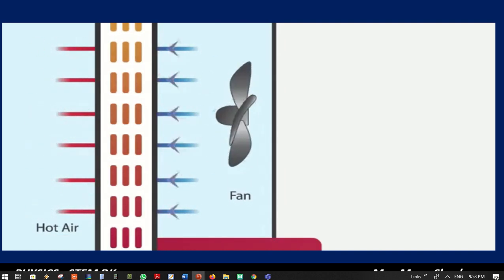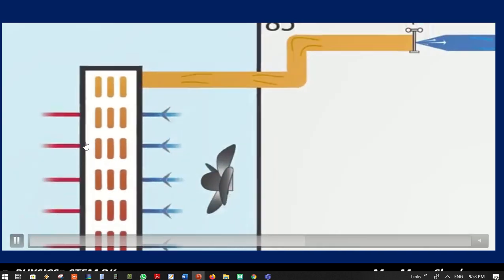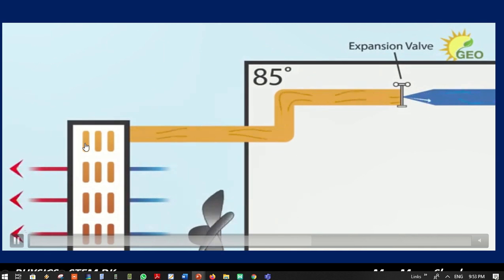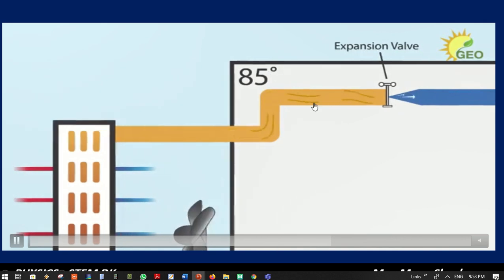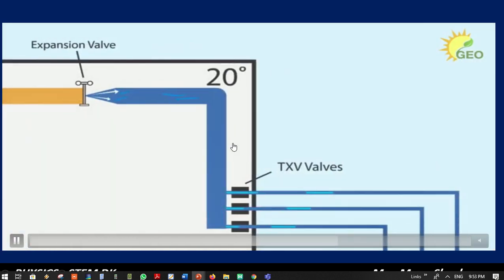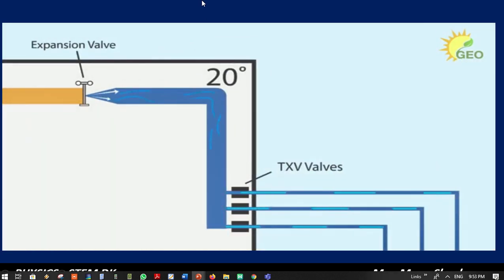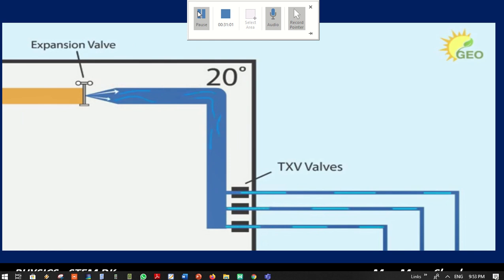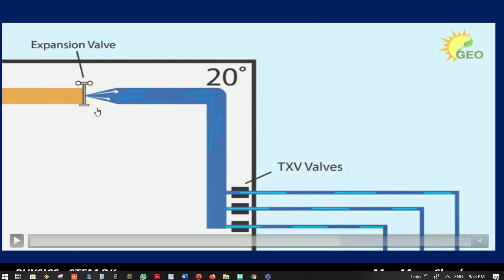Then it passes across a fan, which cools it down, and some of the heat will be absorbed, and the temperature will decrease and it becomes 85 degrees. Then it comes to a small hole which has a smaller cross-section area, so it will have a lower pressure.